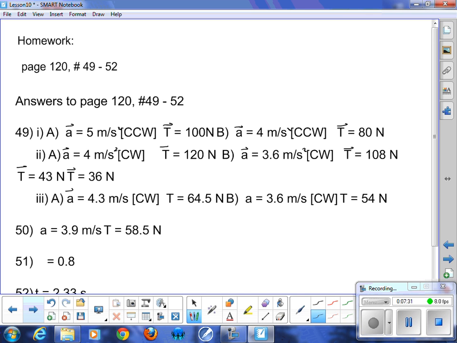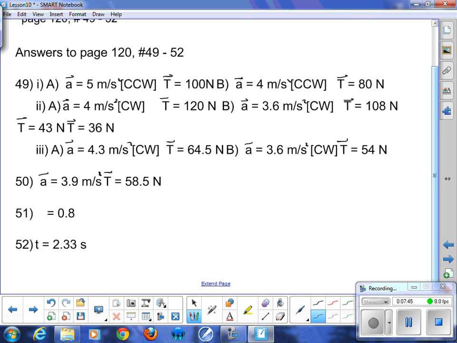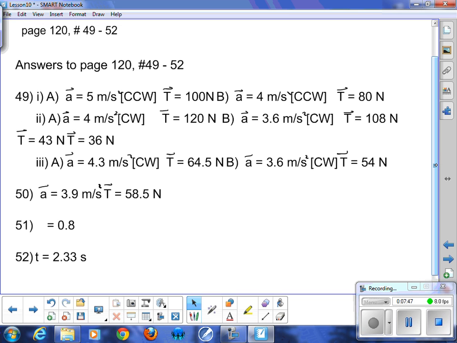So I'm not sure what they were actually calculating, but now I have given you the correct answers so that you will be a little bit happier when you go to check them. So I'm just putting in the correct units, or vector notation. So there you go. So there is the homework. If you have any questions, we'll definitely clear them up in class. And good luck with this particular topic.